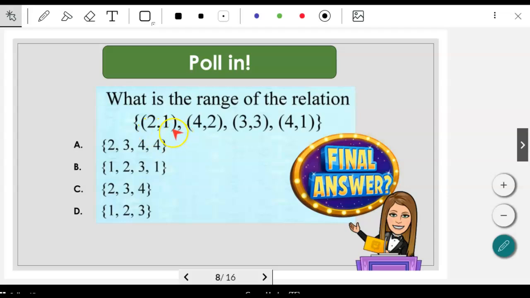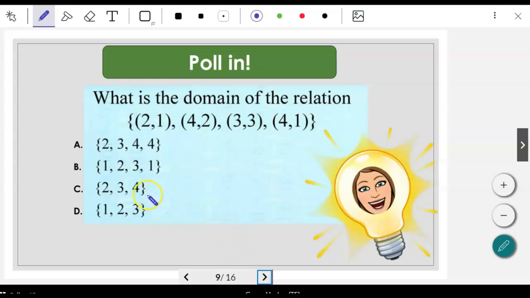So it's the 1, 2, 3, and 1 right here. Now you wouldn't have to list the 1 twice, but you can. So that's the range. Range Y. Domain X.